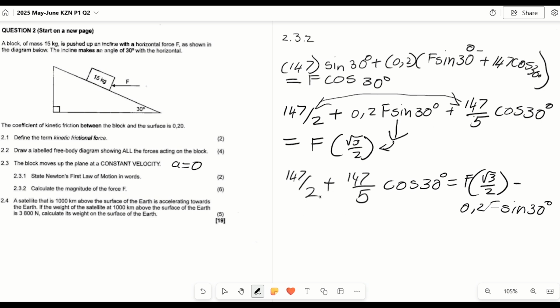Yeah, so what I was saying is we can add these two and take this to that side of the equation. That's what we did there.